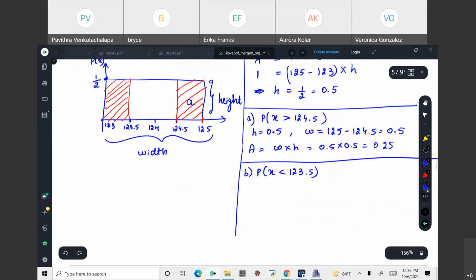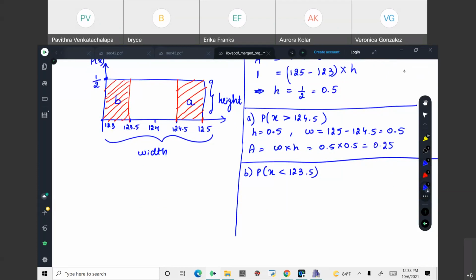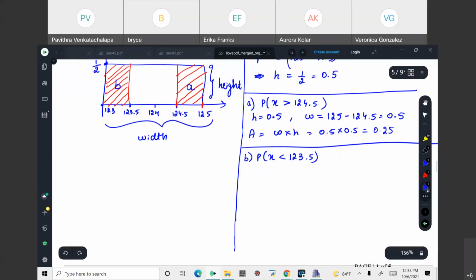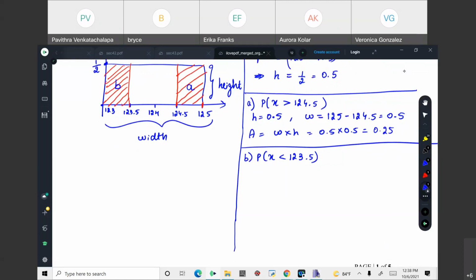Okay, so this is B. Tell me the answer. Did you get this answer? The answer must be 0.25. Did you get that?